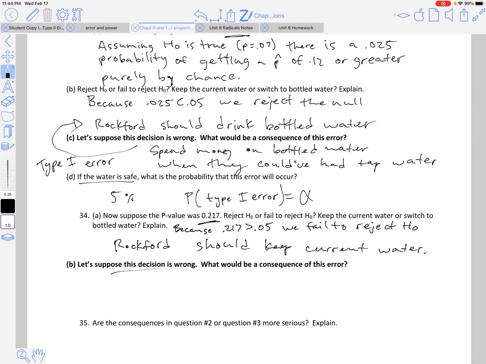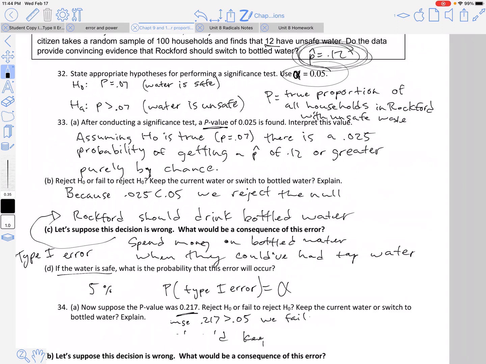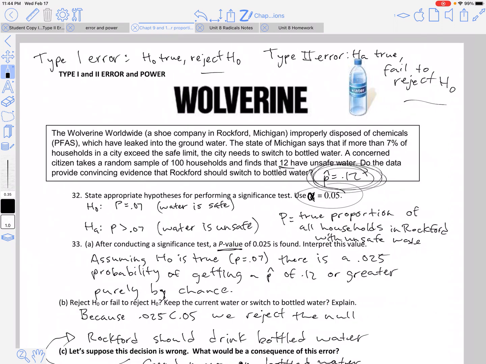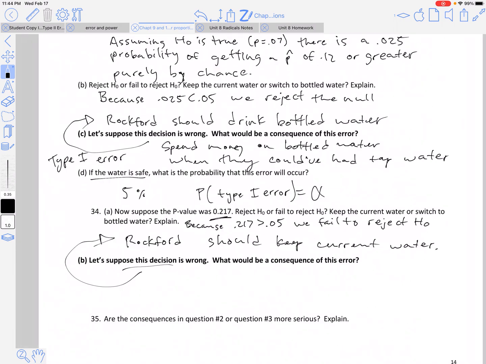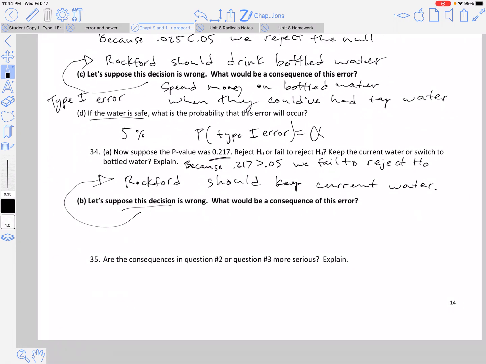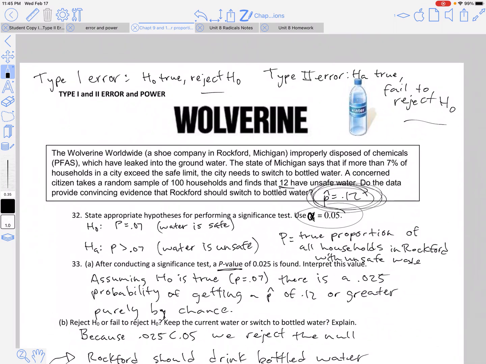Now again, suppose this decision that we made right here, we failed to reject the null, so we went with the null, but the alternative was true, right? That decision's wrong. This is going to be a type 2 error. What are the consequences of going with the null, right?